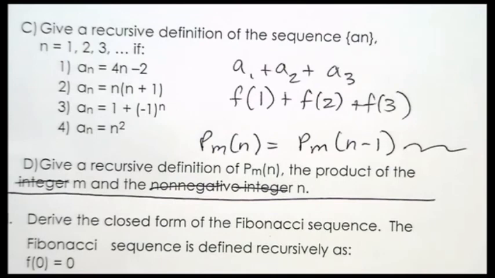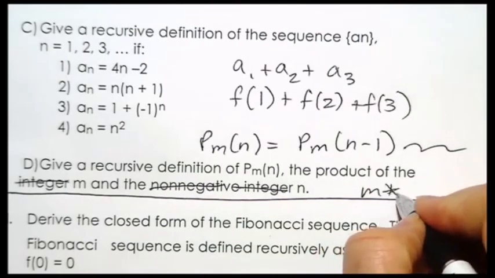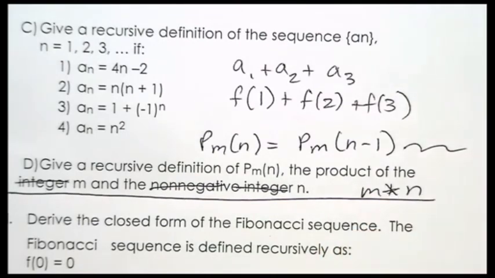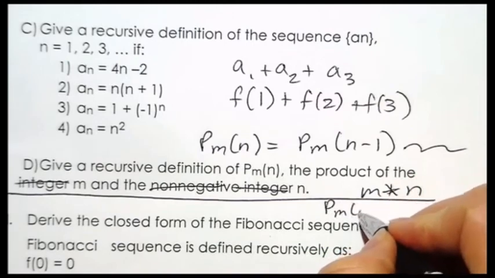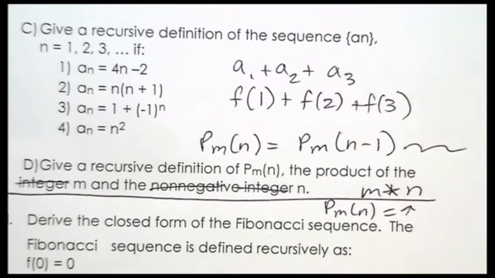So hard. I don't know why, but every single semester, every single student's like, what? Okay, it's not that hard. This is Pm of n is equal to that. So if you're having problems on WebAssign, hopefully you got this, but you wrote mn, and you need to put the times in there, that's all. So now you can use the cheat method to get that.